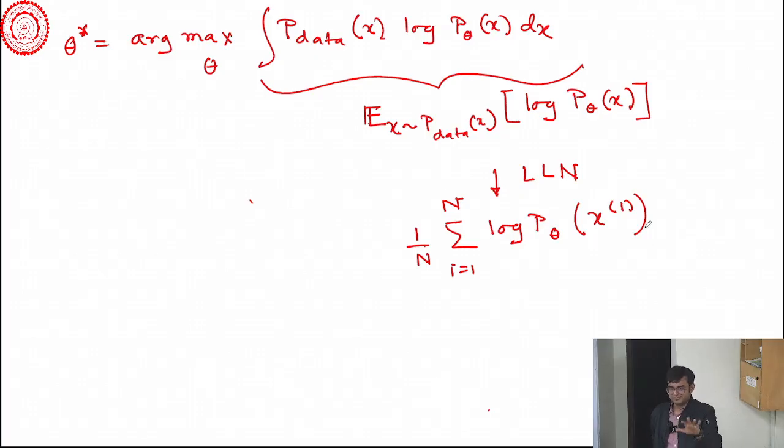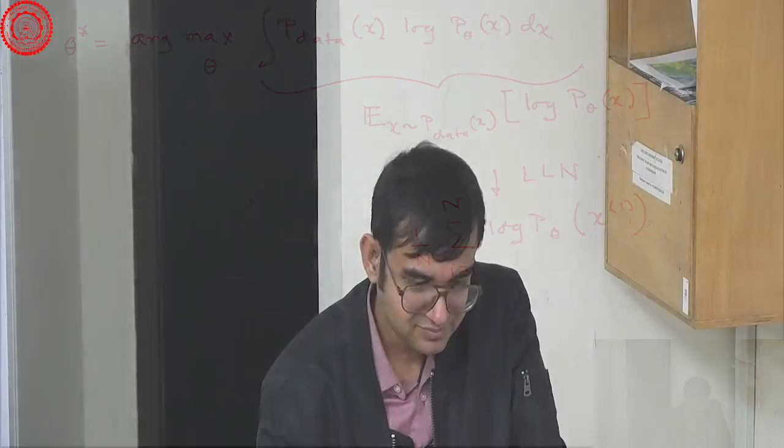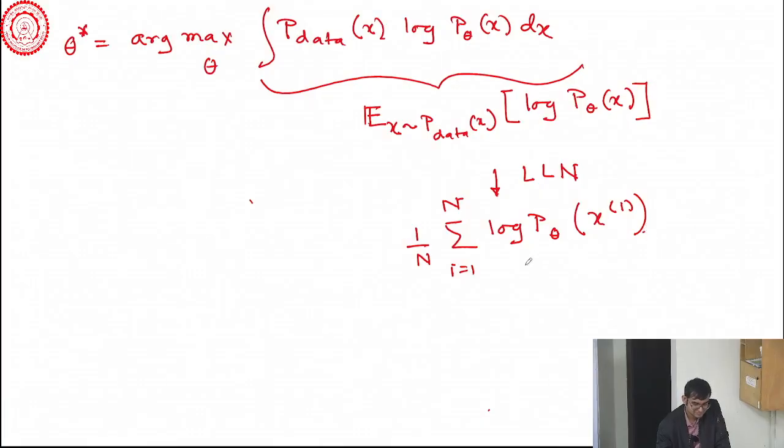Log is monotonic, so it doesn't matter. So minimizing KL divergence gives the MLE solution. Although we are trying to minimize the KL divergence, what we are getting is the maximum likelihood estimation. We will either maximize the log likelihood or minimize the negative log likelihood. That's what we are essentially doing. This is your likelihood.